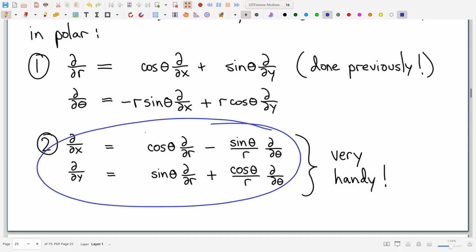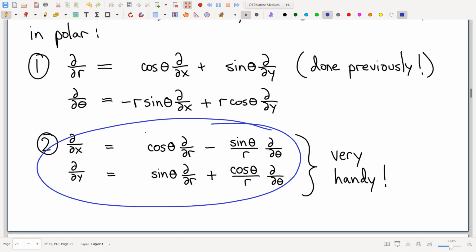What this tells you is if you need, for whatever reason, to do a bunch of rectangular partials, which sometimes you do. Again, reminder, the Laplacian is rectangular partials. You need to do those rectangular partials, but if the function you're doing it to is already written in terms of polar coordinates, okay, fine. This is your shortcut.